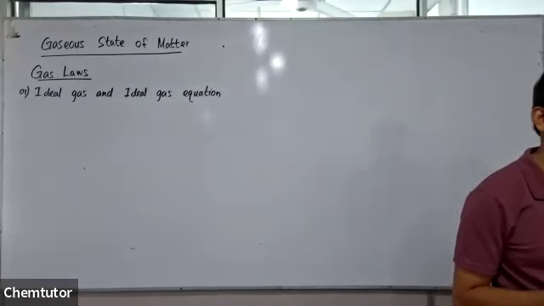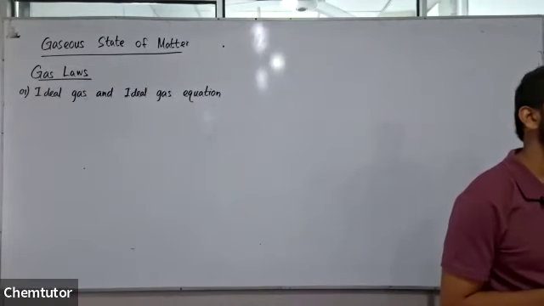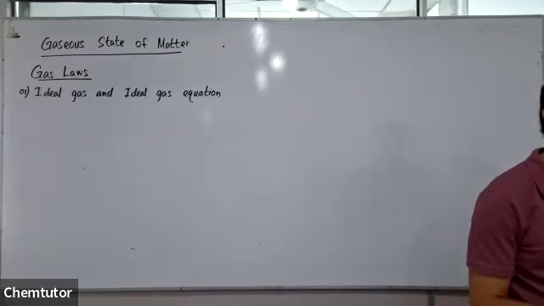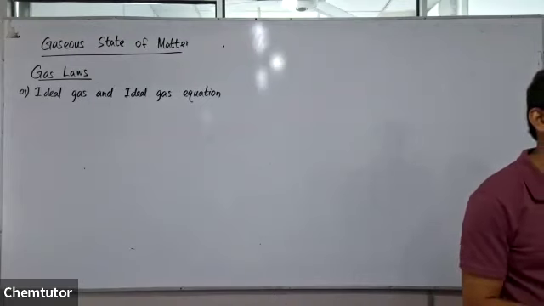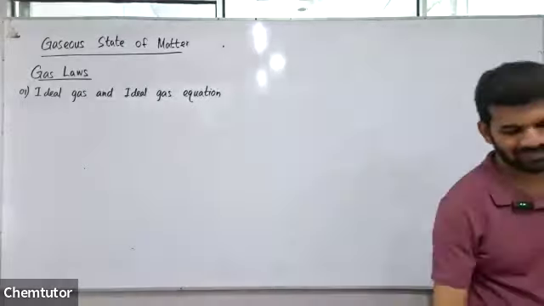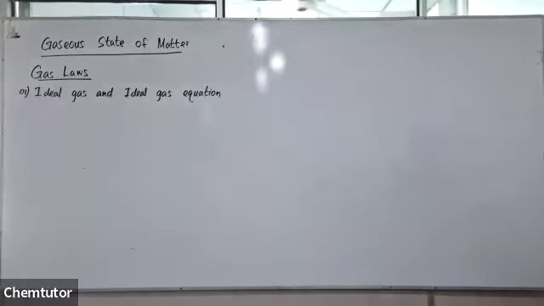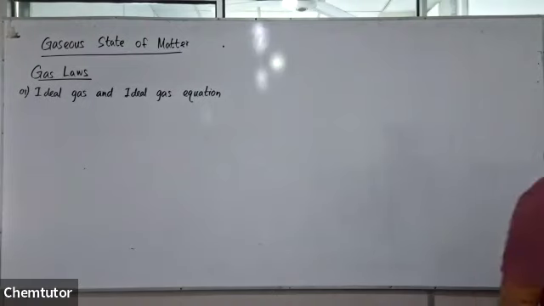Sir, what is the mass of a neutron? Mass of a neutron is 1.67 into 10 to the power minus 27 kilograms.